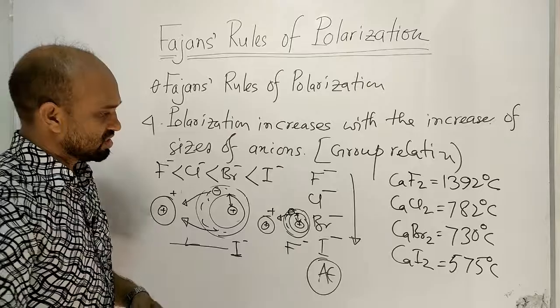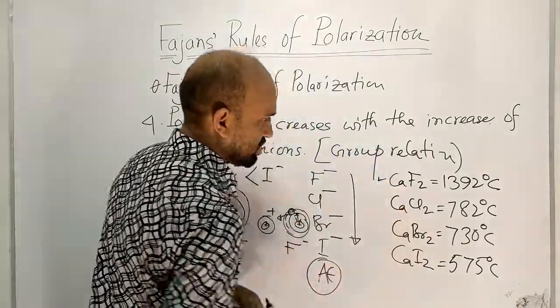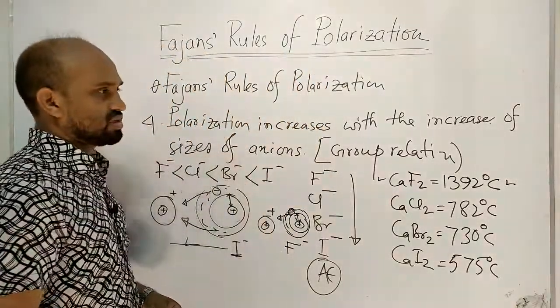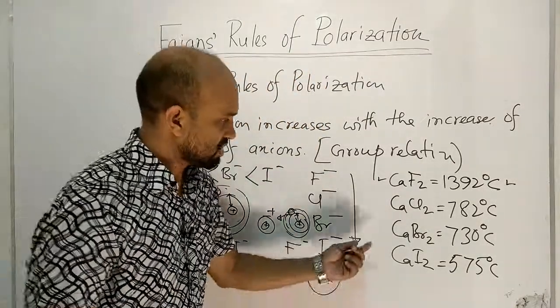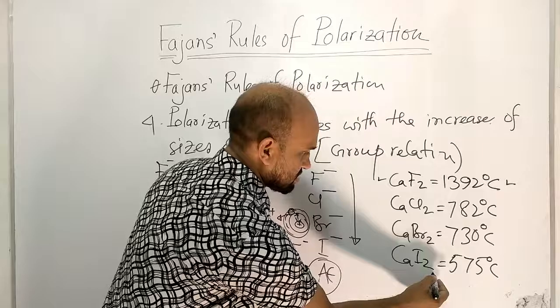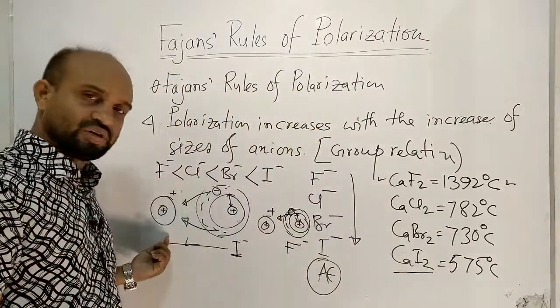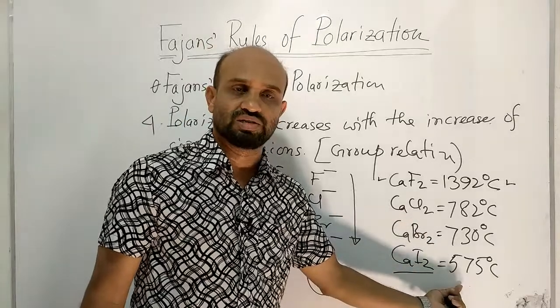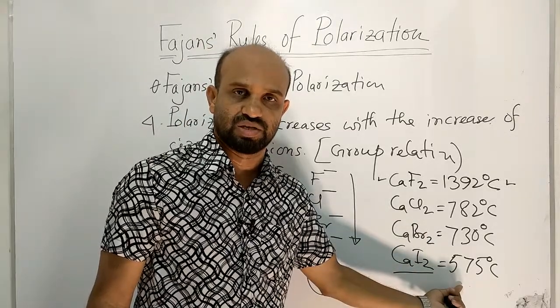Now let's see calcium fluoride, ionic compound, high melting point, 1392 degrees Celsius. And in case of iodide, calcium iodide, it becomes covalent in nature, so melting point is less, 575 degrees Celsius.